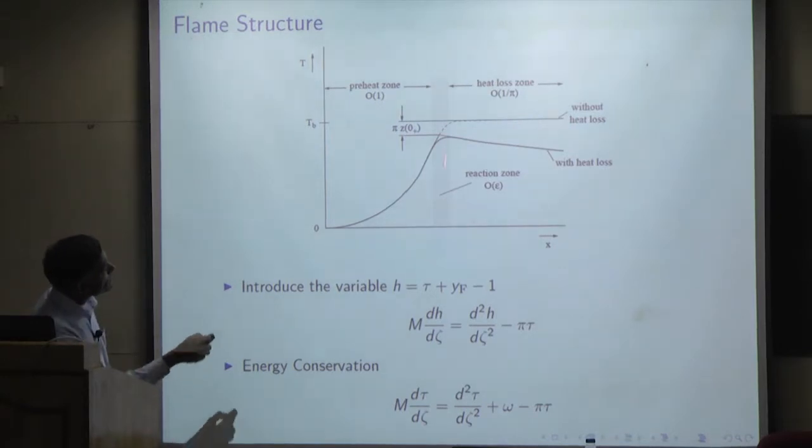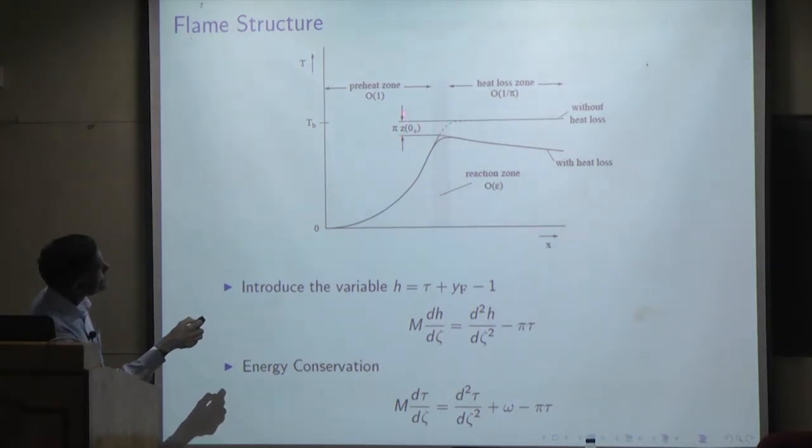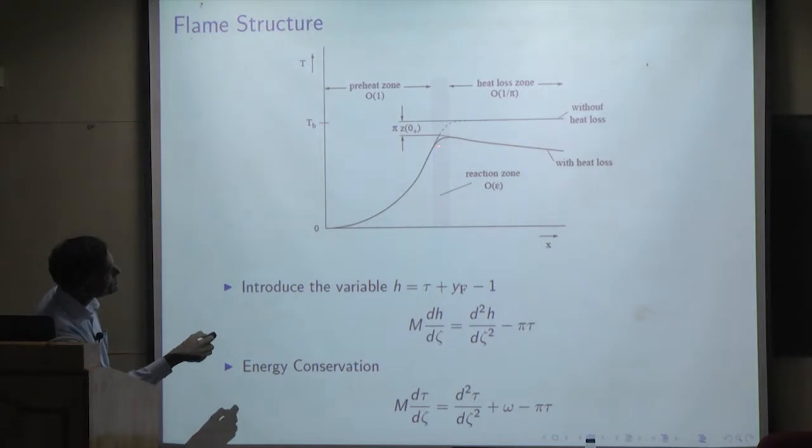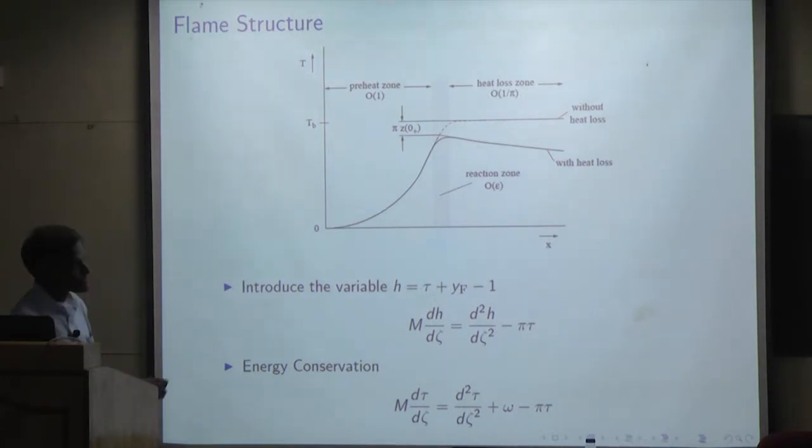And again, there's a thin reaction zone, and you can see that this is the adiabatic temperature. So the dotted line here represents the adiabatic temperature, and that's the perturbation, the decrease in temperature in the reaction zone, and that's caused by the presence of the heat losses. So this is the temperature profile with heat losses. That's the temperature profile without heat losses.